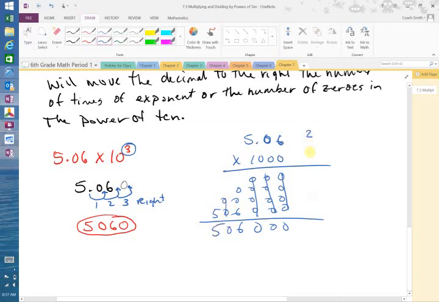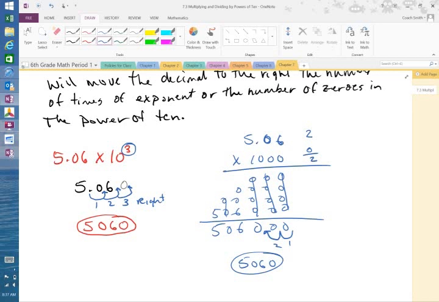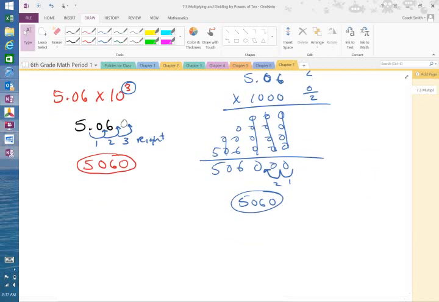And I have 2 decimal places there, for a total of 2, and go once, twice. And that would give me 5,060. But I prefer an easier way than having to do all that multiplication and all those zeros. Now, let me look at something here.